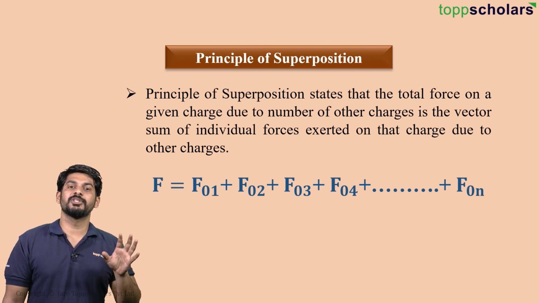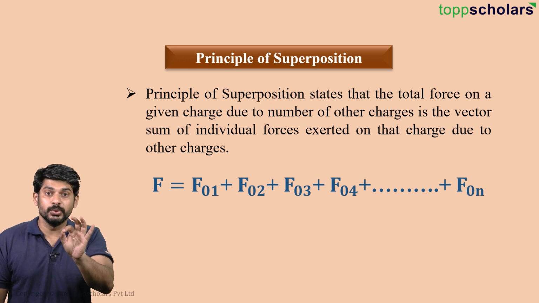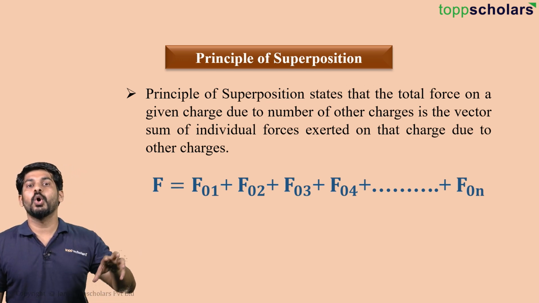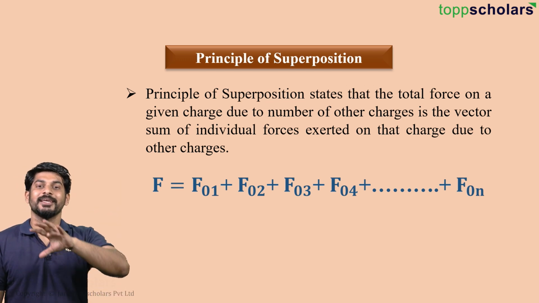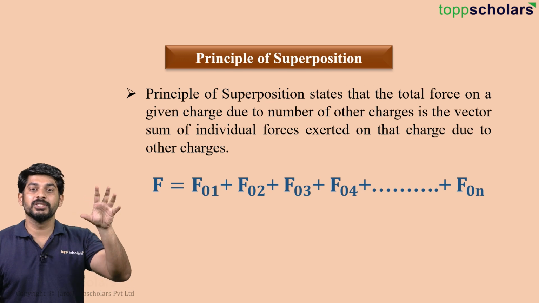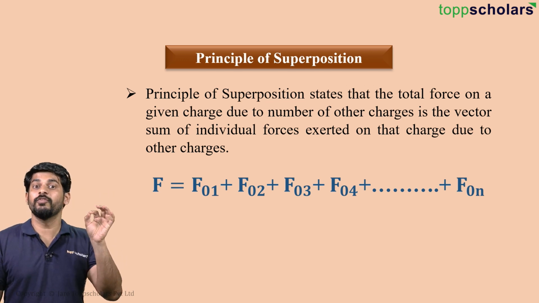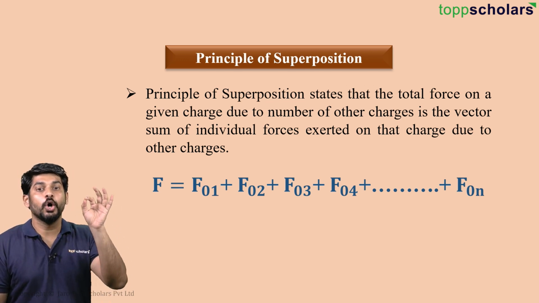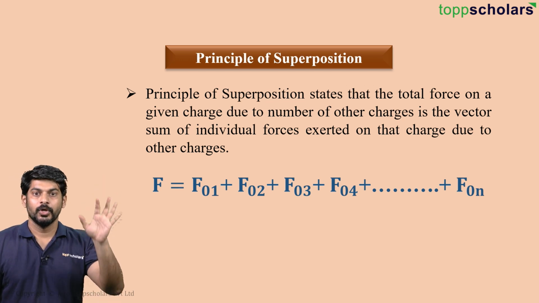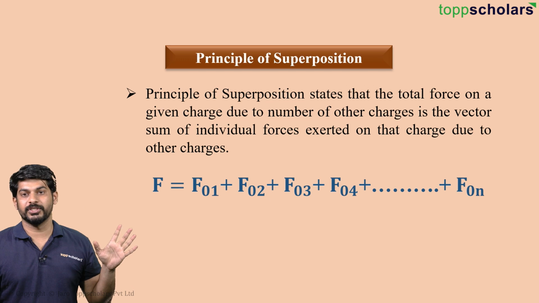This is basically nothing but the force on the 0th charge due to the n number of charges. Since all the charges which are in the vicinity of the 0th charge are going to exert some force, the total or net force on that given charge is nothing but the vector sum of individual forces.